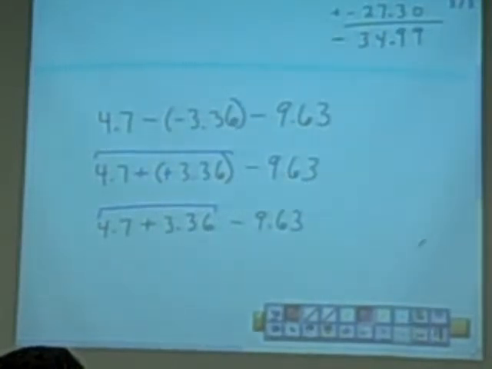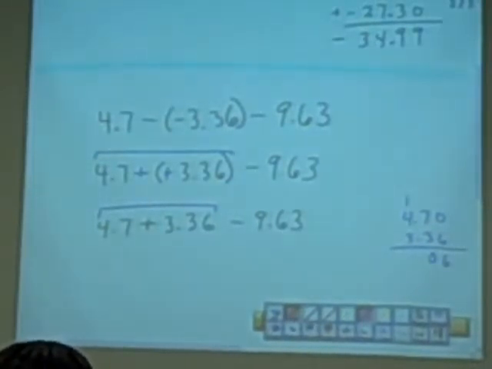Okay, so off to the side, we've got 4.7 and a positive 3.36. And if you want to put a 0 after the 7, that's fine. We're adding. So that would be 0 plus 6 is 6. 7 plus 3 is 10, carry the 1. Decimal point. 4 and 1 is 5, and 3 is 8.